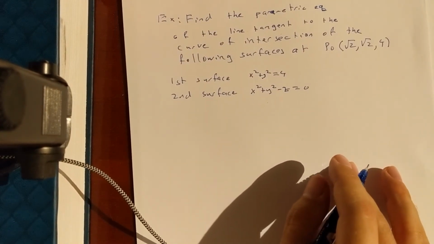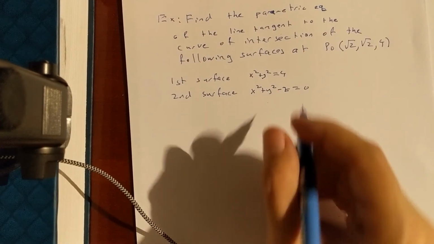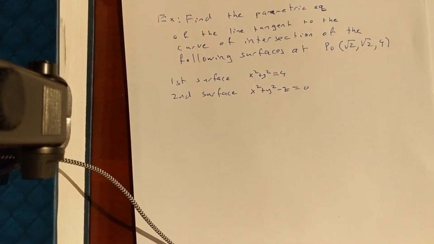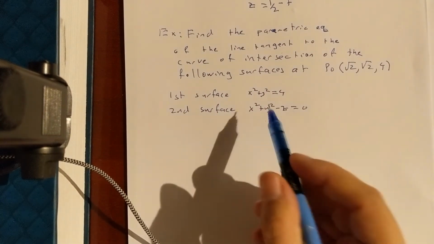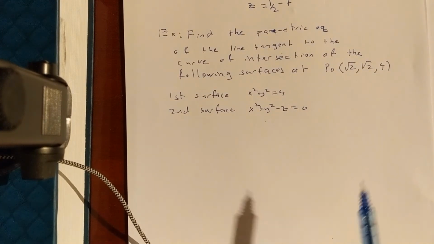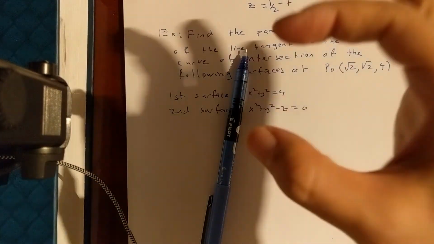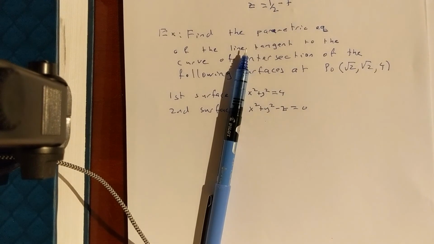Now let's think about these two surfaces. This guy is a cylinder, right? It says that level curves are always circles with radius 2, so it's just a cylinder. And the other one is just a paraboloid.